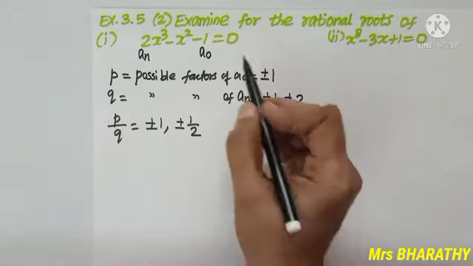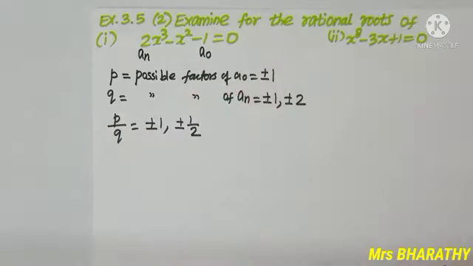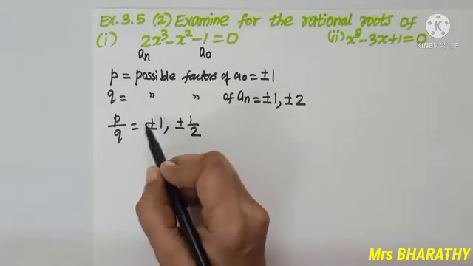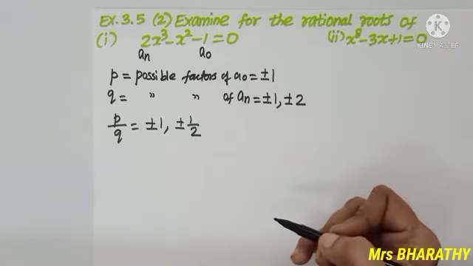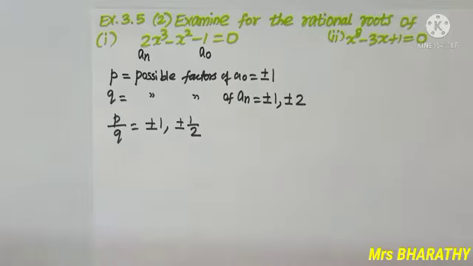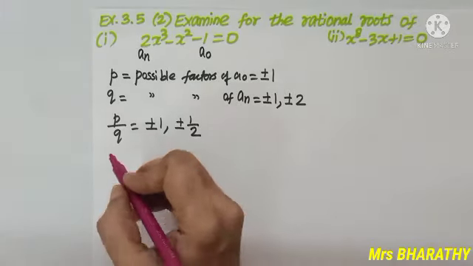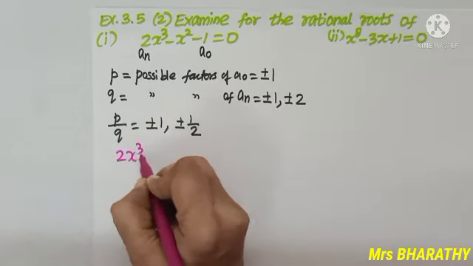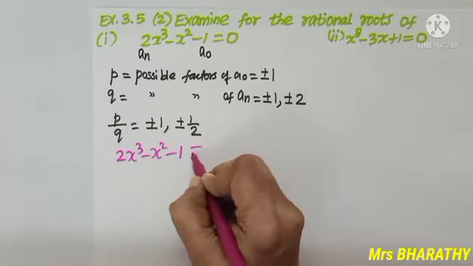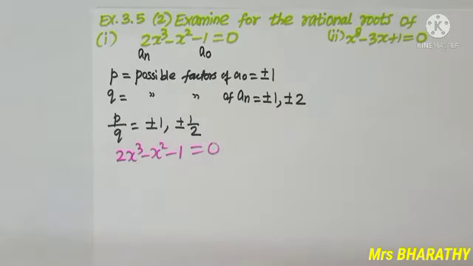So if suppose there are rational roots, it can be any of these values. Let us check it. What is the function given to us? 2x cube minus x square minus 1 equal to 0. Check whether 1 satisfies.